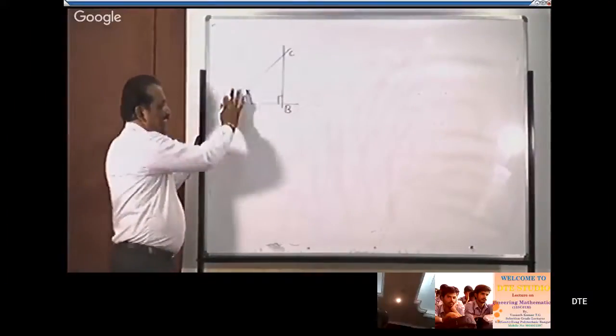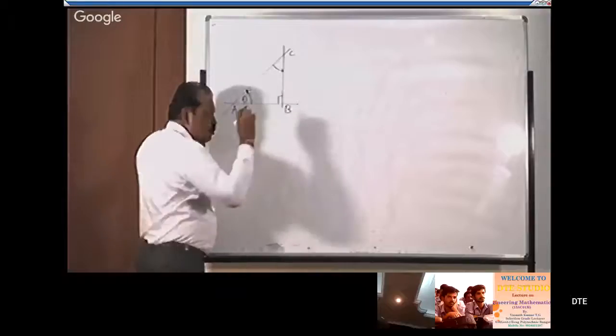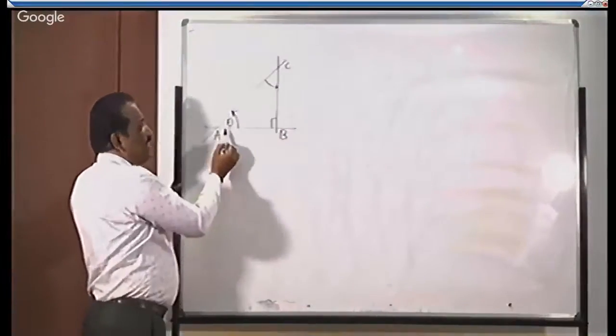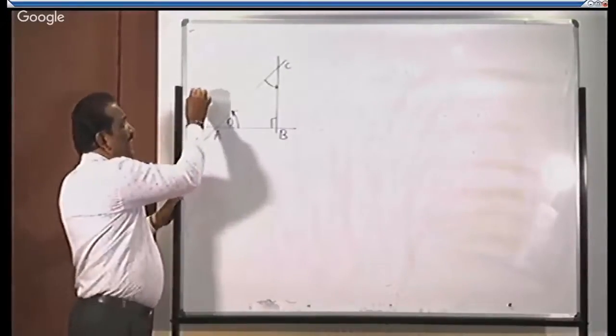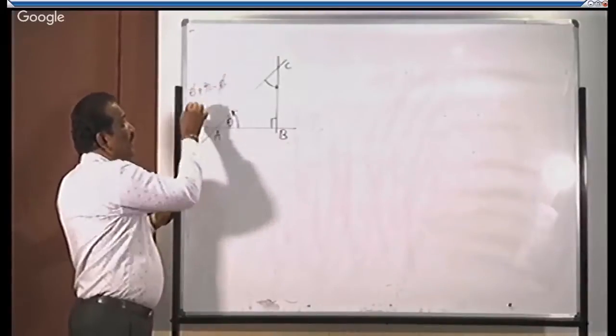Since this is the right angle, if one angle is theta, definitely the other angle should be something which, when added to theta, gives 90. So for theta, by adding 90 minus theta, it will be 90.